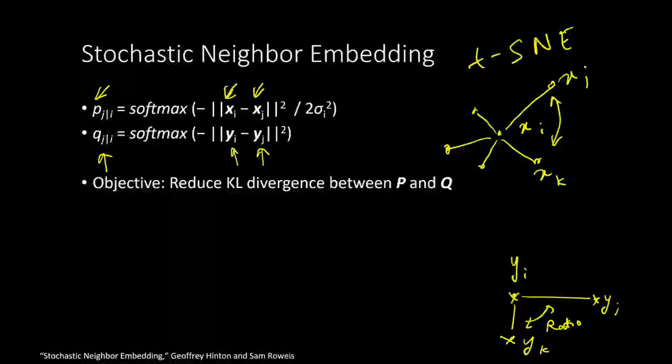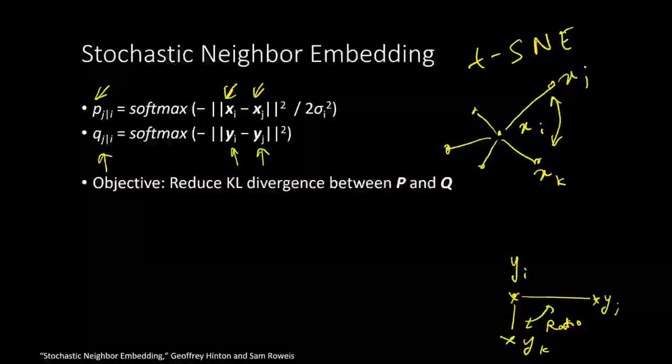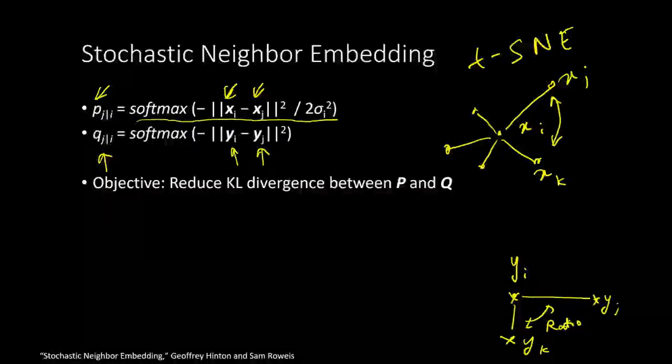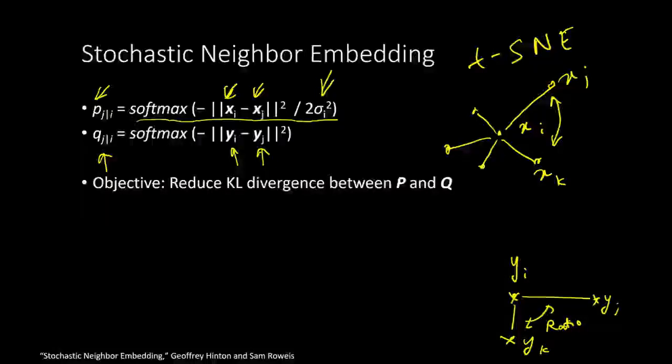So what is that probability? The probability of a point j given point i is computed as something like a softmax of the Euclidean distance, scaled by some sigma. What does that mean? Points that are closer will have a larger impact, will have larger probabilities.